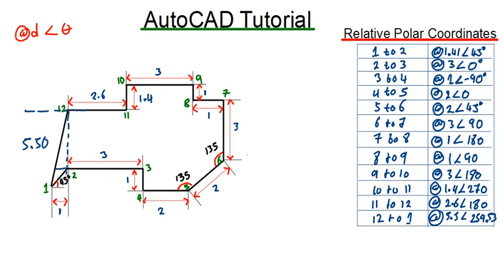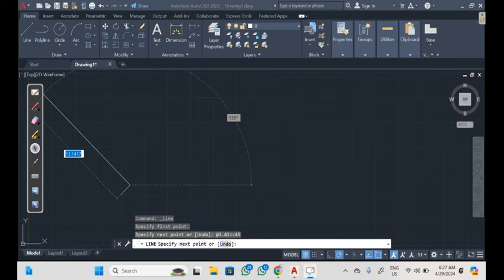Then 10 to 11, we have said it's 1.4 at an angle of 270. Then 11 to 12, it's 2.6 at an angle of 180. Then 12 to 1, we have found that is 5.5 at an angle of 259.3.